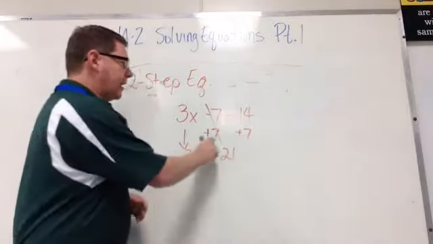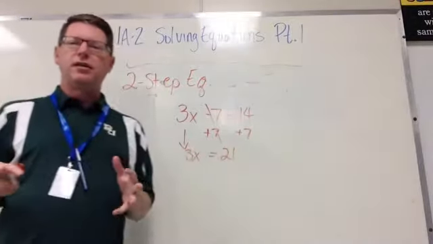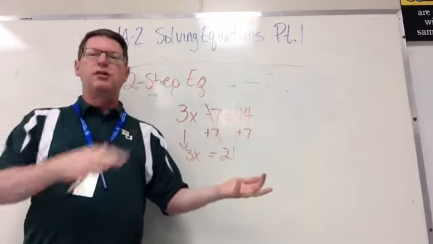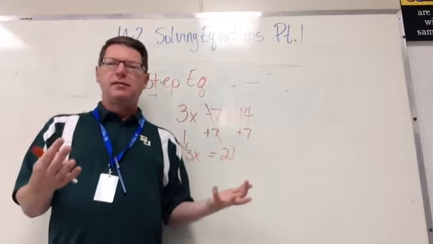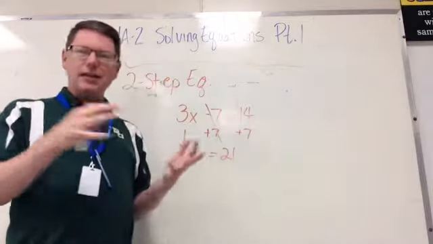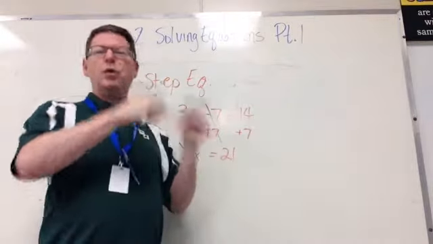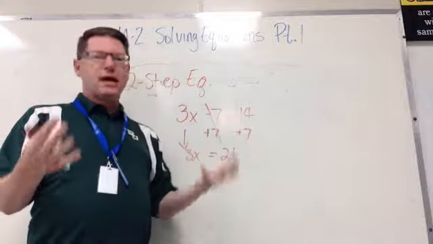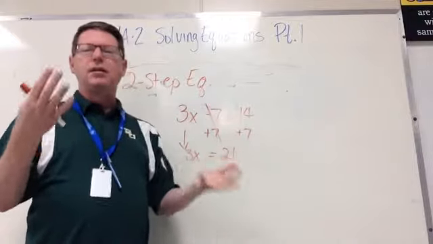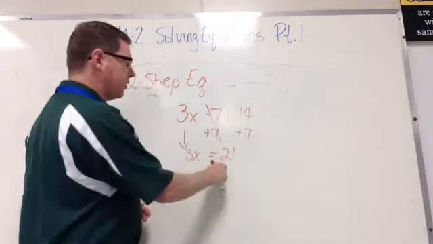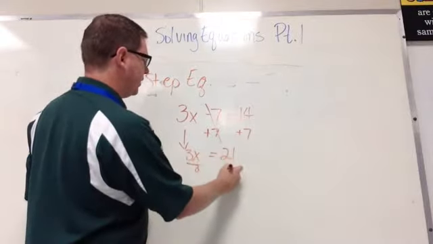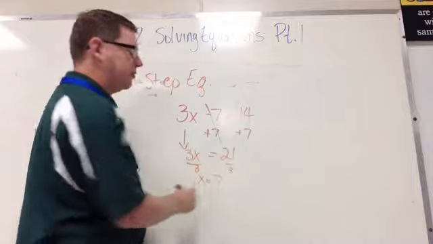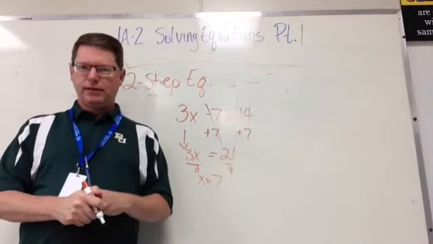Again, I add it to both sides because the rule in math is whatever you do to one side of the equation, you have to do exactly the same thing to the other side. So I added 7 to both sides. It didn't change anything, it just moved stuff. But I'm still balanced. So now I've got 3x equals 21. We've already seen that. I divide by 3, divide by 3, so x equals 7.